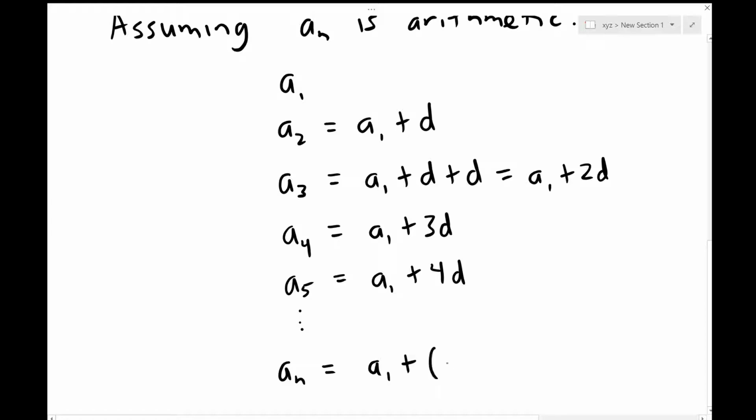We would add on to that n minus 1 times d. So notice that the coefficient of d is always 1 less than the term that you're on. When we go back and look at the fifth term, we can see that the coefficient of d is 4. For the fourth term, the coefficient of d was 3, and so on and so on. So the coefficient of d is always 1 less than the term that we're looking at.